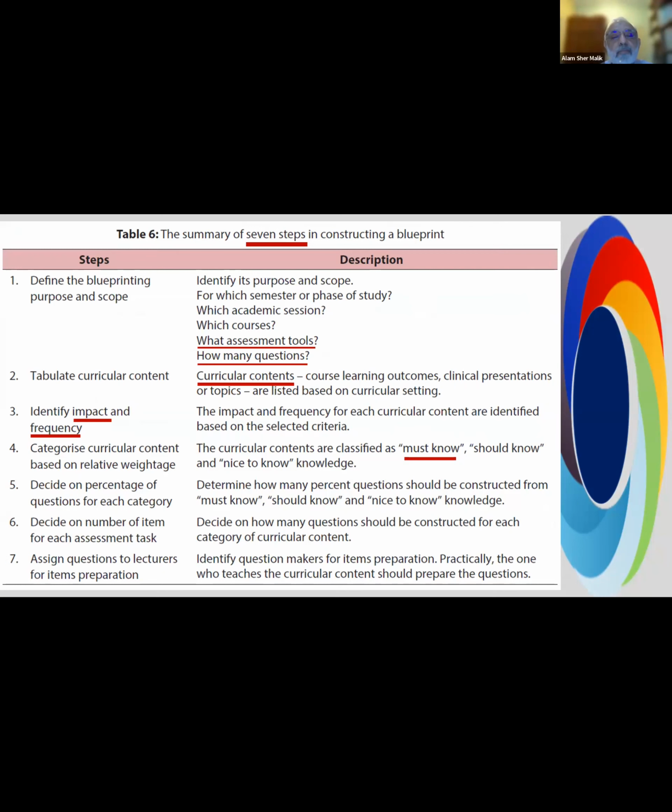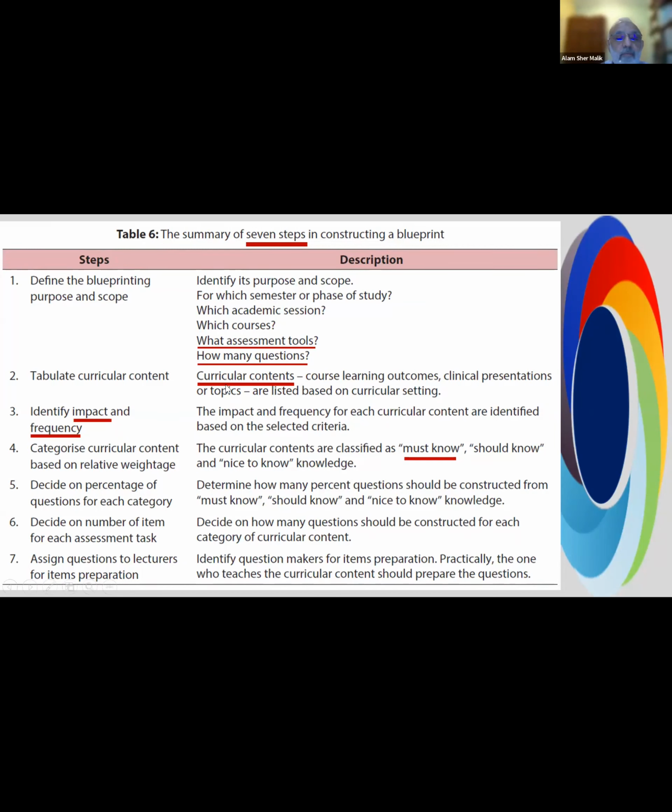That means for which semester or phase, whether it's for preclinical or clinical years, or for physiology or anatomy, what courses, what assessment tools would be used, and how many questions. Before starting the blueprinting, we must know, for example, that in our MCQs we want to use 60 questions, so we have to distribute these 60 questions accordingly, as I showed you in the previous table.